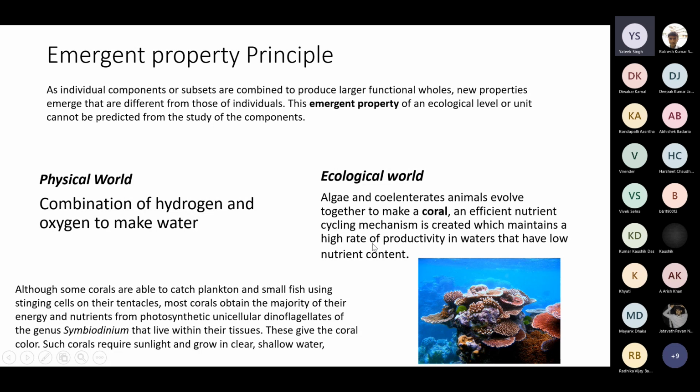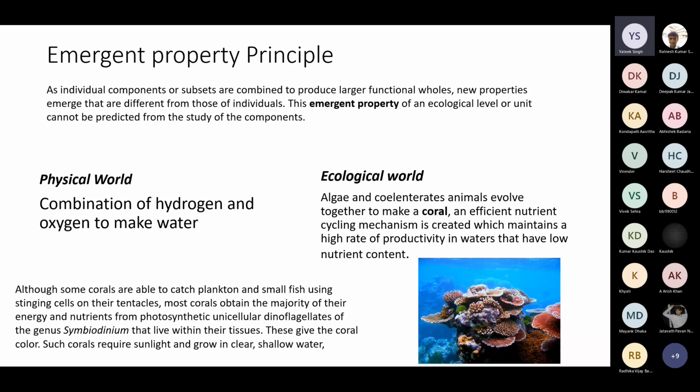This maintains a high rate of productivity in waters which have otherwise very low nutrient content. The algae are able to feed on the light penetrating at that level. Different wavelengths enter at the depth where corals exist, and those photosynthetic algae are able to take only that wavelength of light. They capture nitrogen from the sea water and produce organic matter.